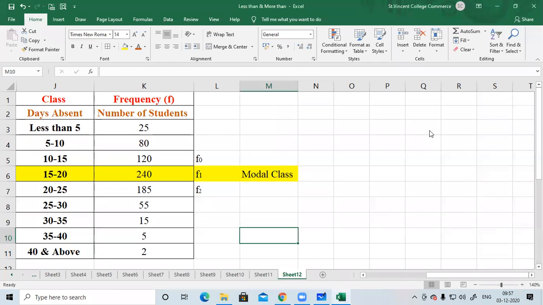Class interval is the difference between two numbers. I said preferably vertical.